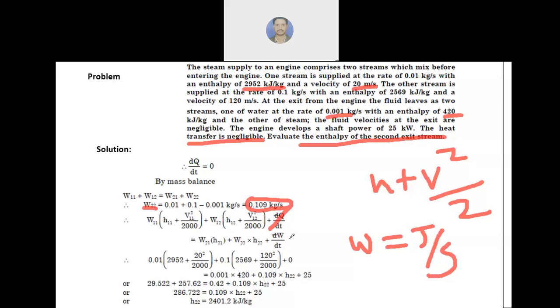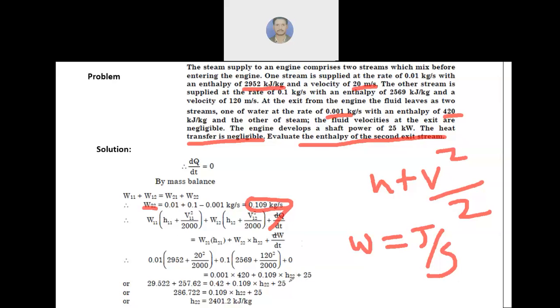You have to see the units carefully and match each and everything. If this is given in kilowatt, everything should come in kilowatt. If it is given in kilojoule, then everything should be in kilojoule. If it is in kilojoule per kg, everything should be in kilojoule per kg. So you have to write the expression carefully.